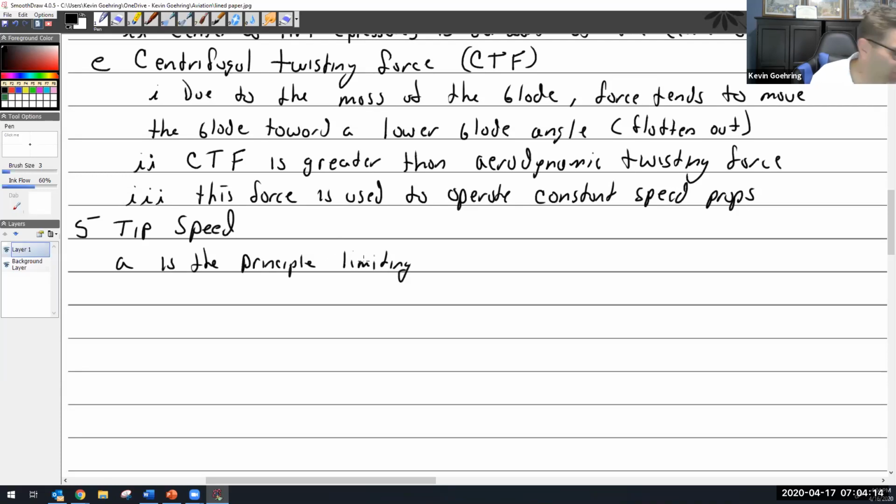I was not an English major. Tip speed is the principal limiting factor for propeller efficiency.